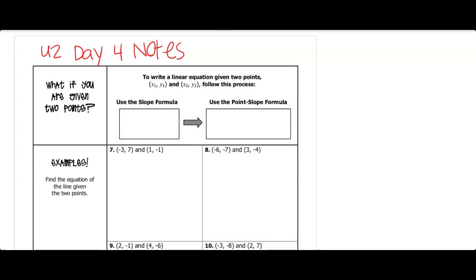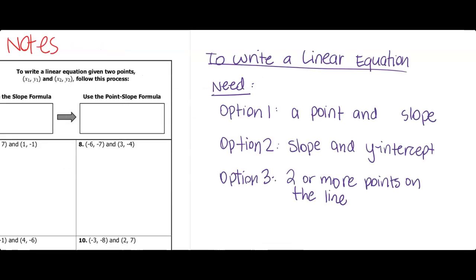So in order to write the equation of a line, you need a couple of things. To write a linear equation, you need one of these options. You either need a point on the line and the slope, you need the slope and the y-intercept, or you need 2 or more points on the line.